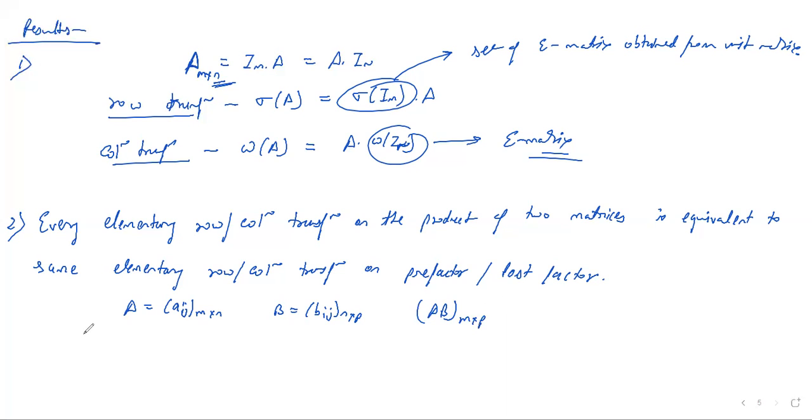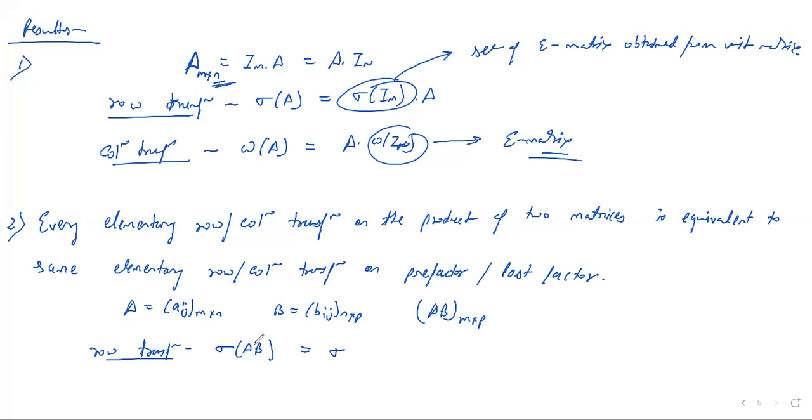Now every elementary row transformation on the product AB is equivalent to the same elementary row transformation on the prefactor.